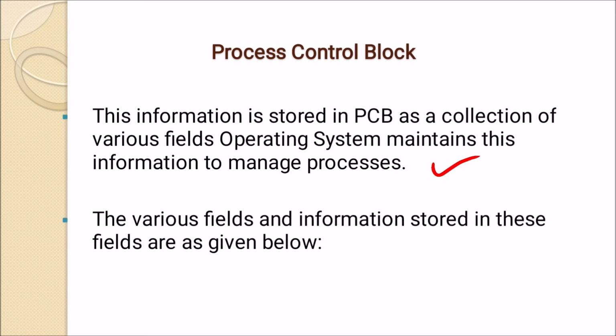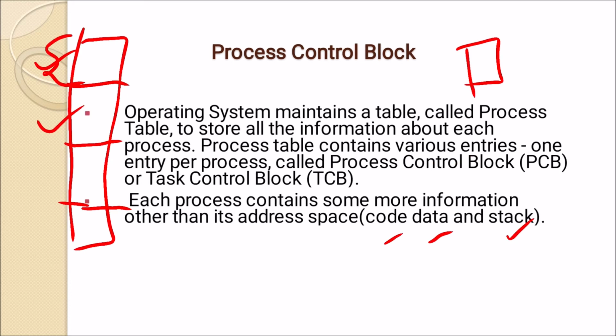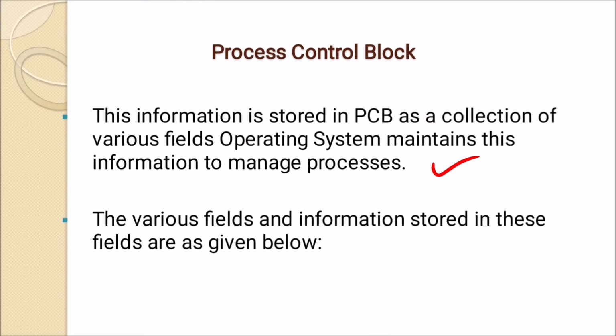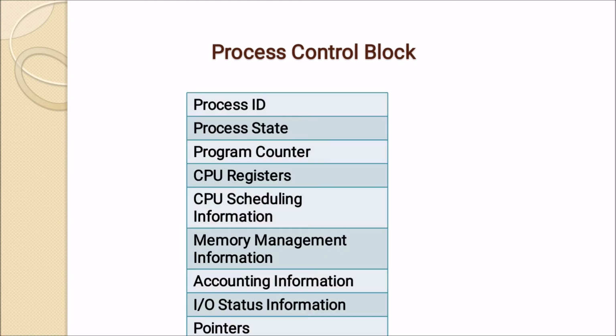The various fields and the information stored in these fields are as given below. The address space is listed here: code, data and stack. Apart from this address space, there is other information. So what does the PCB actually contain for each and every process?